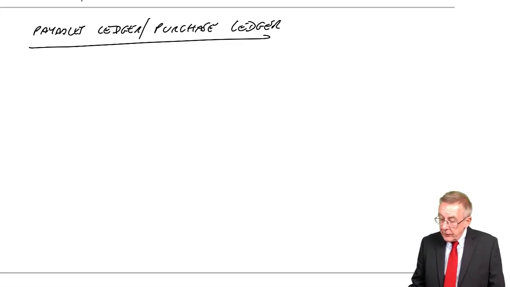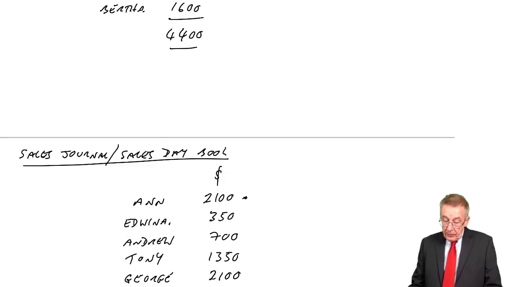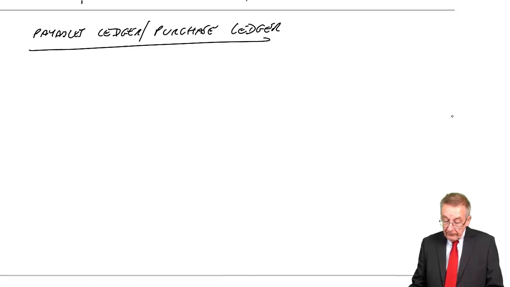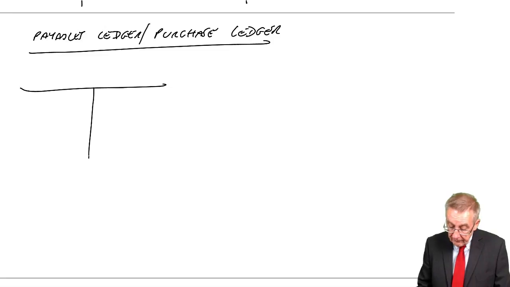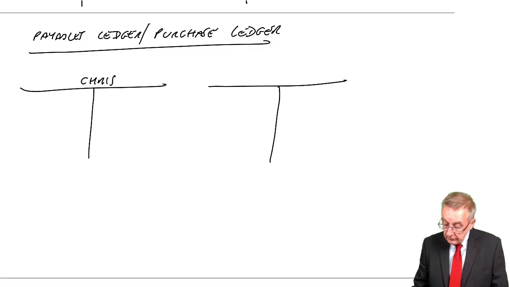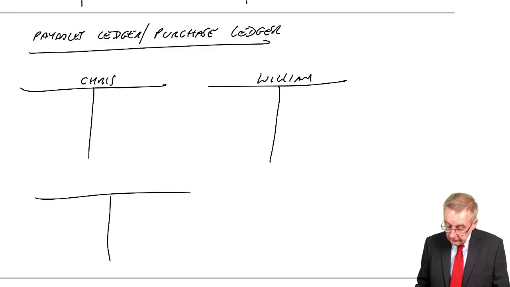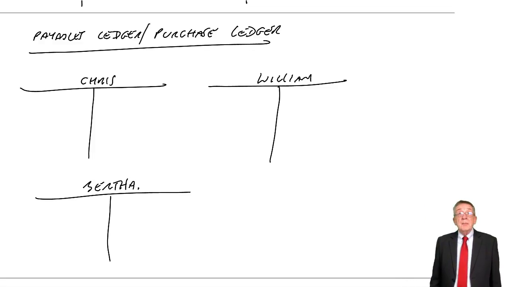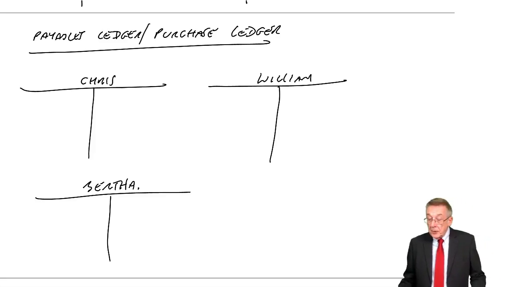And so we'll have a page for each supplier on credit. Who was selling us on credit? There was Chris, William and Bertha. And how are we going to keep the note of how much we owe people?